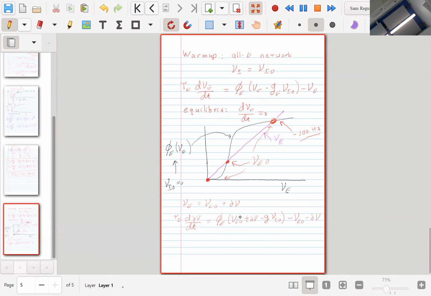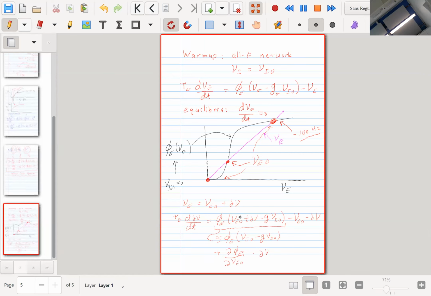Okay, so this equation is exact, not very useful. What we do now is Taylor expand this quantity here. So this thing here is approximately equal to phi E of nu E0 minus G nu I0 plus the partial of phi E with respect to nu E0 times delta nu.